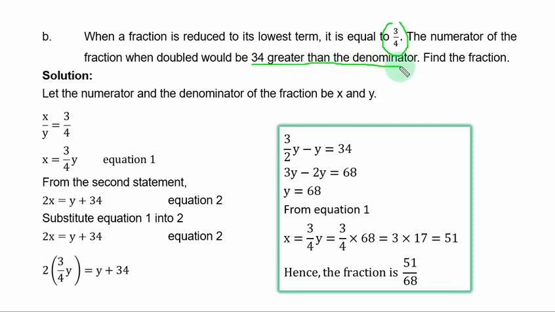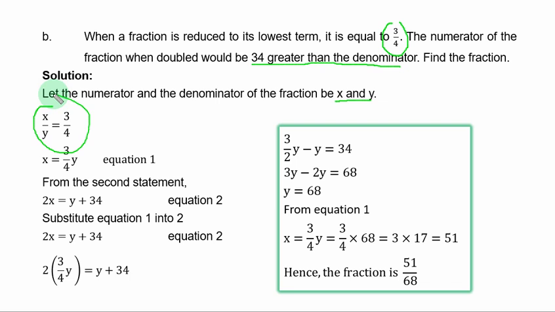Find the fraction. Let the numerator and the denominator of the fraction be s and y. So s over y, if you reduce it to its lowest form, it is equal to 3 over 4. That is s over y equal to 3 over 4.